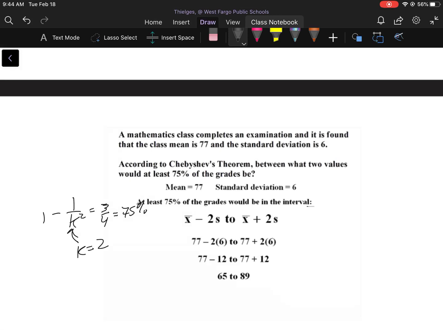It's not going to be decimals. It's always going to be those numbers, and that's where this 2 comes into play. 2 standard deviations. So the standard deviation was 6, the mean was 77. Figure that out, subtract the 12 and add the 12, and that tells me that at least 75% of the data falls between 65 and 89.